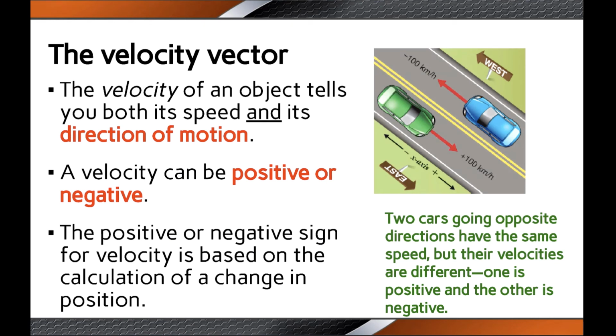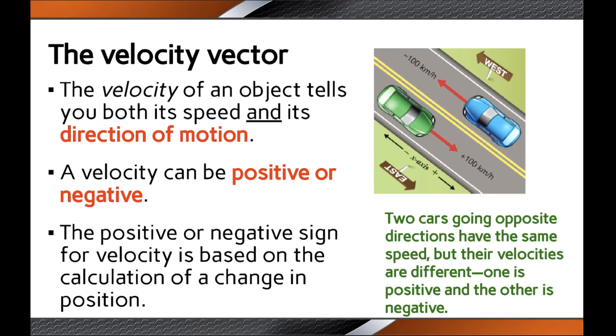The values that we would have on one of those graphs, if we start describing the values in terms of positives and negatives, you're no longer looking at speed. You are now looking at the velocity of that object, not the speed of the object.